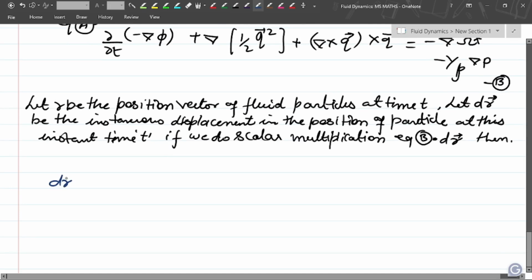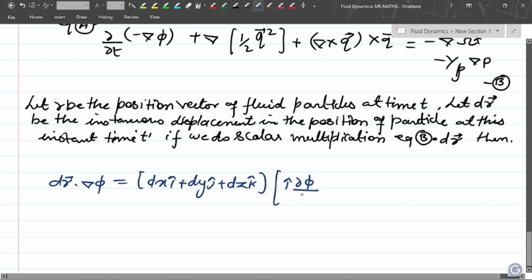So that is basically dr dot del phi. We can write dr vector as dx i cap plus dy j cap plus dz k cap, and del phi is i cap dou phi by dou x plus j cap dou phi by dou y plus k cap dou phi by dou z.